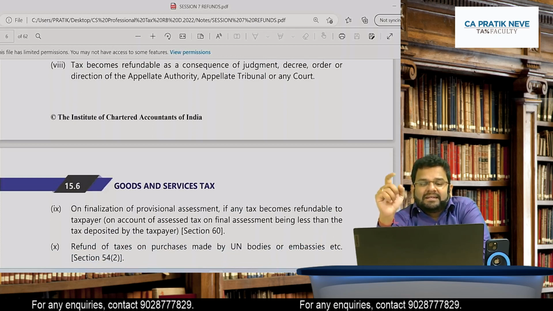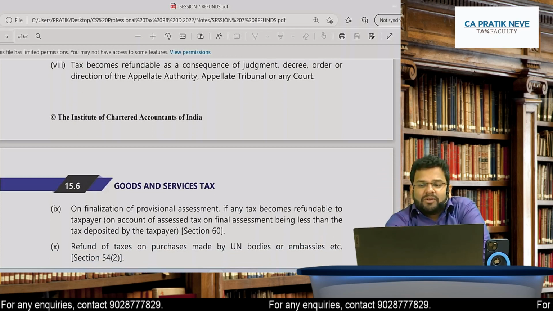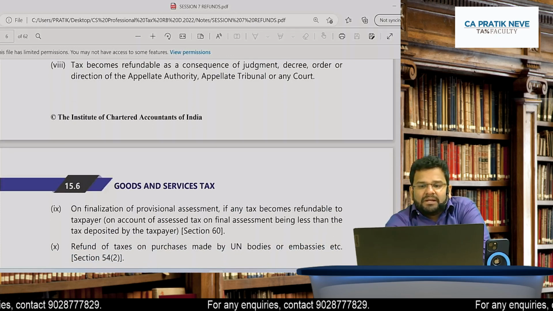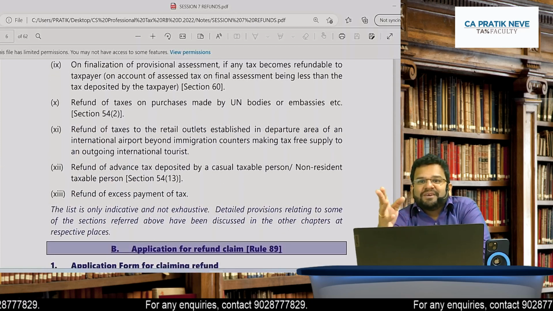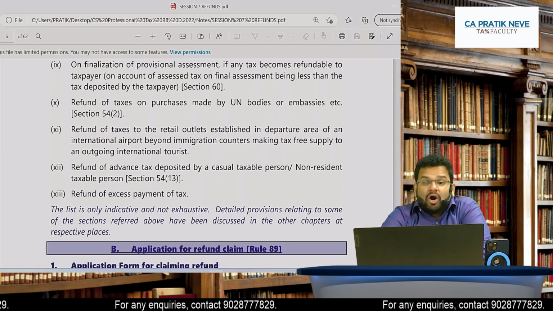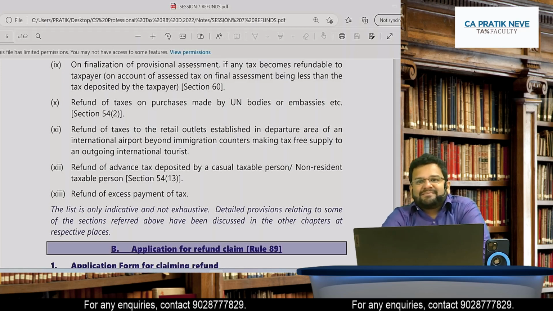Then tax might become refundable as a consequence of judgment, decree, order, or direction of an appellate authority. Then, of course, we did a few days back the finalization of provisional assessment.